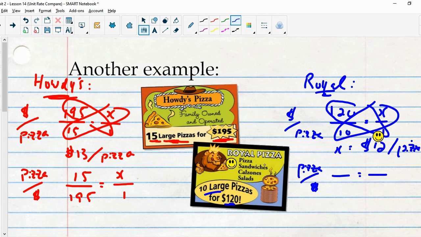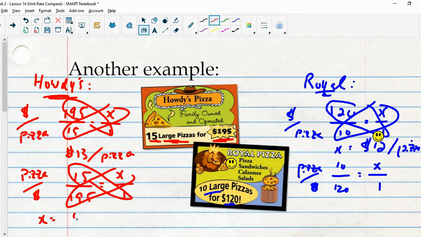And on the other hand, if this is 10 pieces that cost me $120, how much is $1 going to buy me? I know I'm going a little fast, but I'm worried I'm going to run out of time. So 15 divided by 195, this is going to be weird. 0.076, so 0.08.